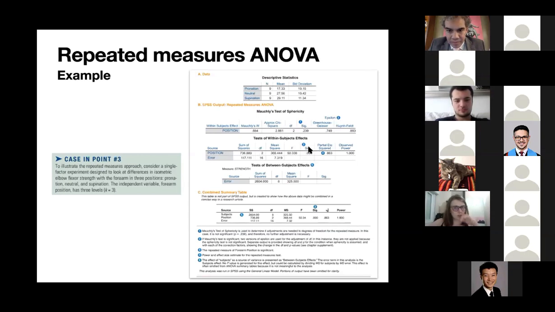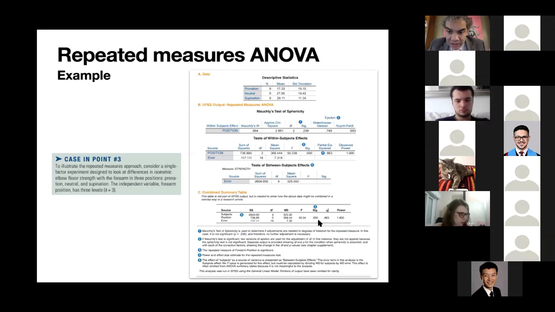Okay? And here is my between subject effect, which is the difference between participants, which is only my error variance here, which is not so important right now. Okay? So here I see in my combined summary table that position, which is my within subject variability, which now becomes the treatment effect, is statistically significant.